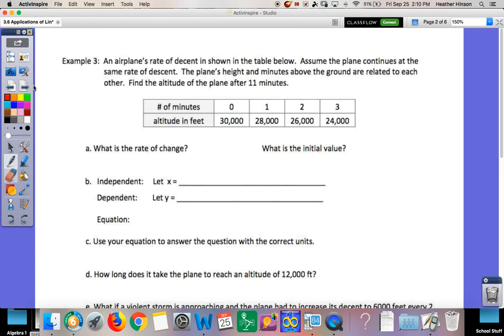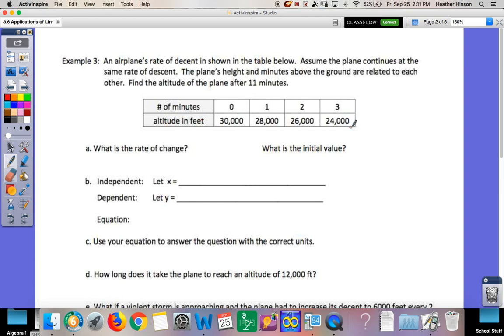Okay, on the next one, example 3, an airplane's rate of descent is shown in the table below. Assume the plane continues at the same rate of descent. The plane's height and minutes above the ground are related to each other, and find the altitude of the plane after 11 minutes. So we have minutes on top, altitude in feet on the bottom.